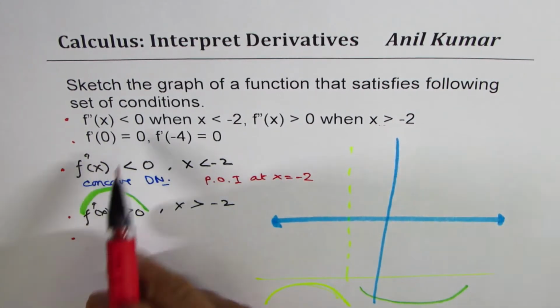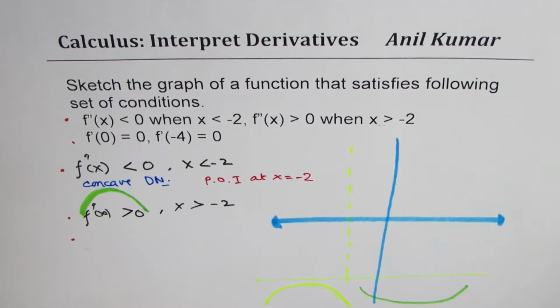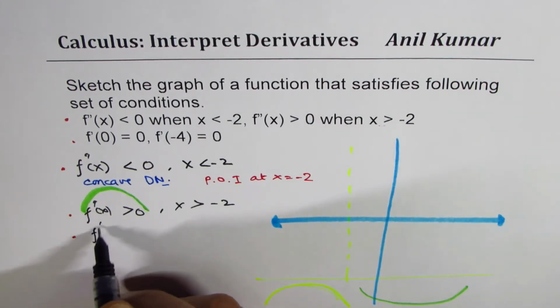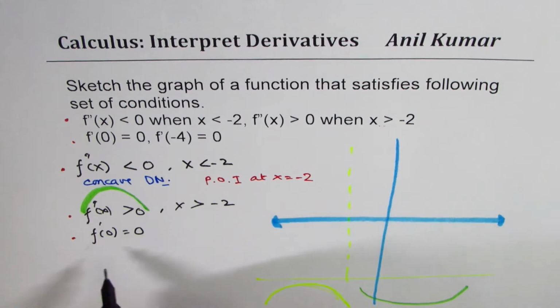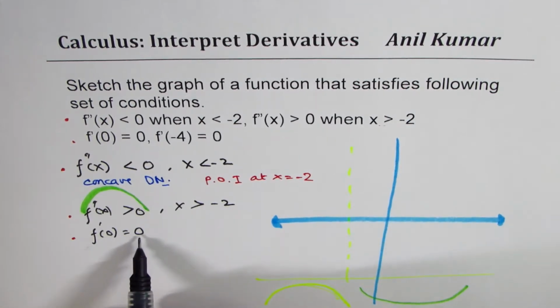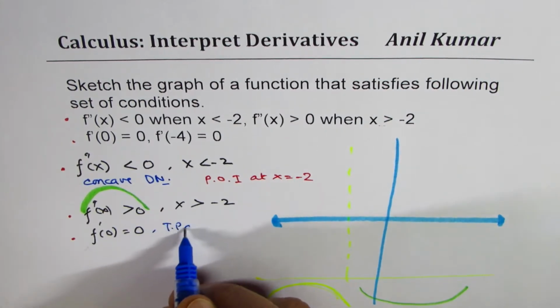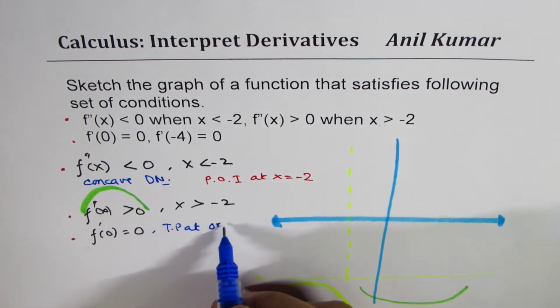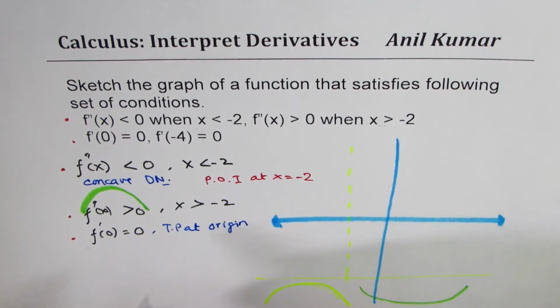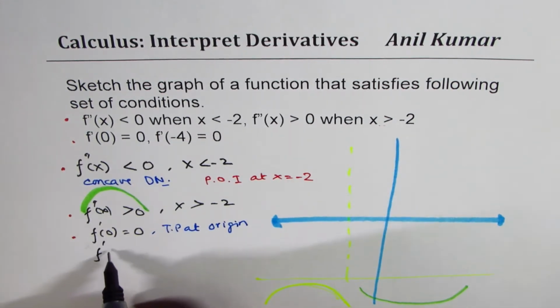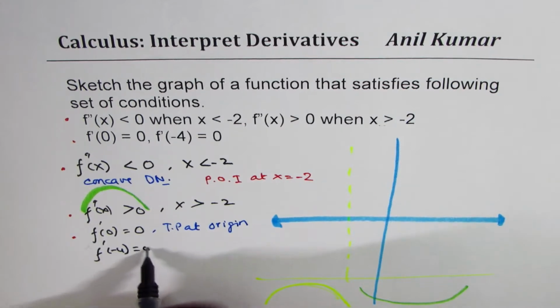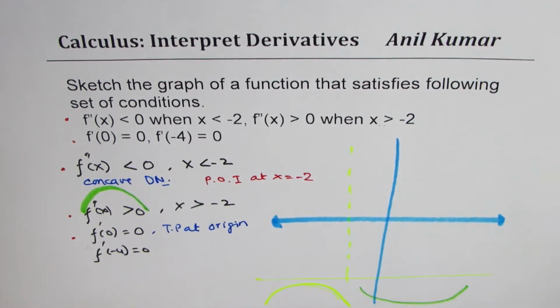Now let's look into the second condition, which says that the derivative of the function, f dash 0, is equal to 0. At 0, we have 0. That means we have a turning point at x equals 0. Is that okay? And also, when we say f dash minus 4 equals 0, we have another turning point at x equals minus 4, right?